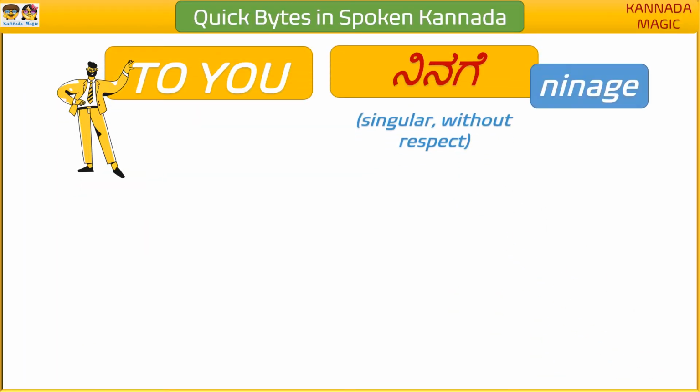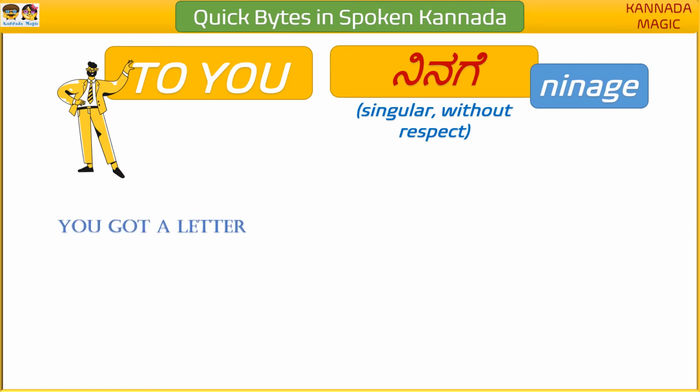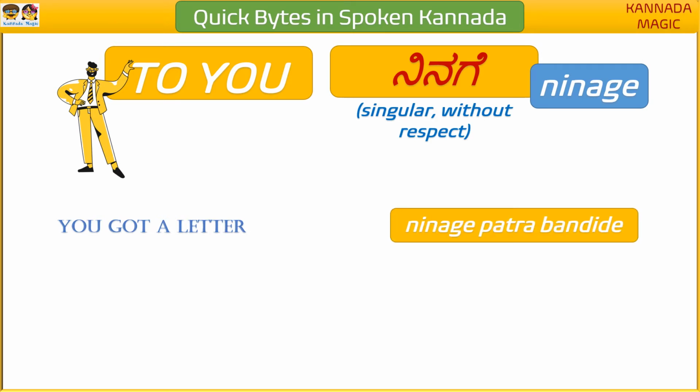How do you say in Kannada to you? Ninage. Remember, ninage is without respect. It's a singular usage with anybody younger to you or of same age or with friends. Example, you got a letter. Ninage patra bandide. Ninage patra means letter. Bandide means it has arrived.